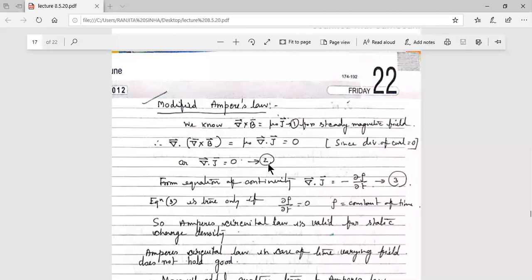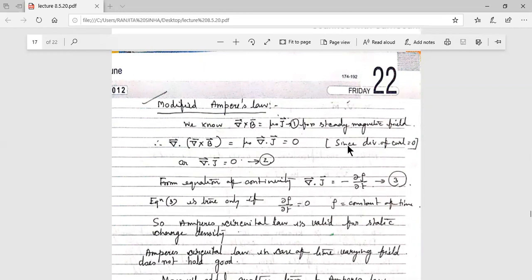This is equation 2. Now from the equation of continuity, which I discussed yesterday, divergence of J equal to minus del rho by del t. Ampere's circuital law has given divergence of J equal to 0, so equation 3 is true only when del rho by del t equal to 0.